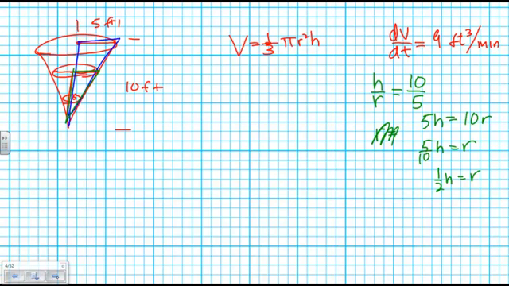So if I told you we're at 6 feet of syrup, you're going to have a 3-foot radius syrup circle.